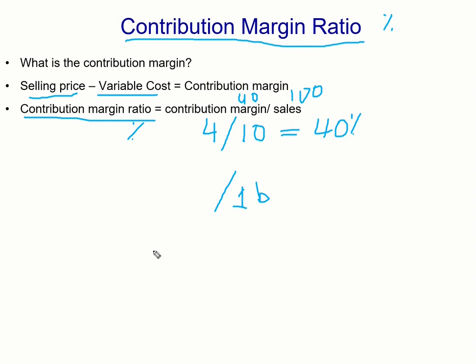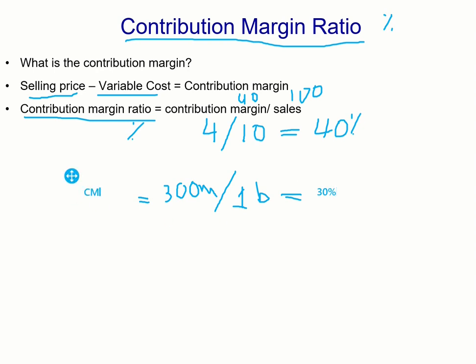We can take the company with sales in billions of dollars and figure out their contribution margin. Let's assume their contribution margin is 300 million. If their contribution margin is 300 million and their sales is 1 billion, this company has a contribution margin ratio of 30%.